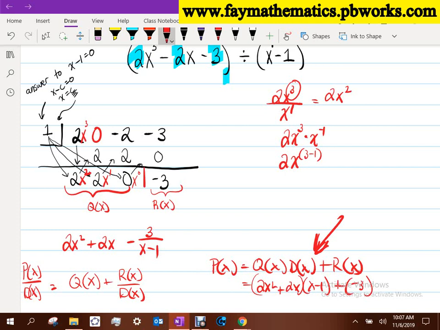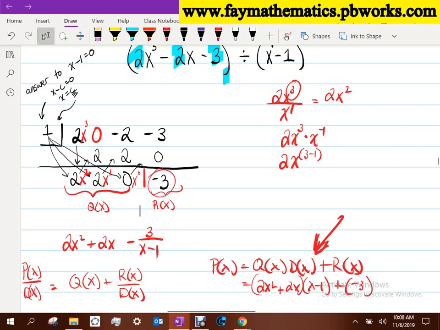Now, there's a relationship that exists here that will always be true, and if we have time tomorrow, we'll prove this, but it has to do with this remainder, okay?